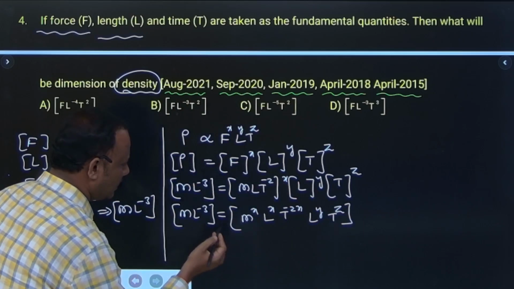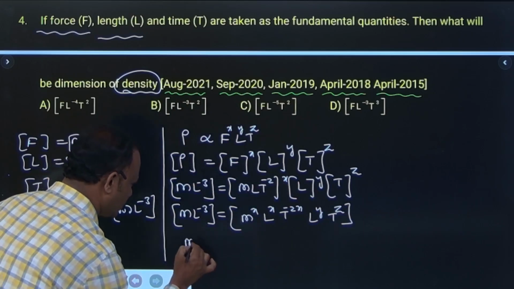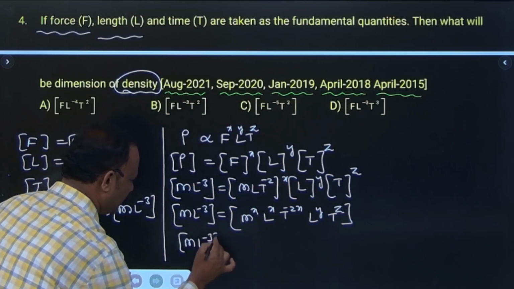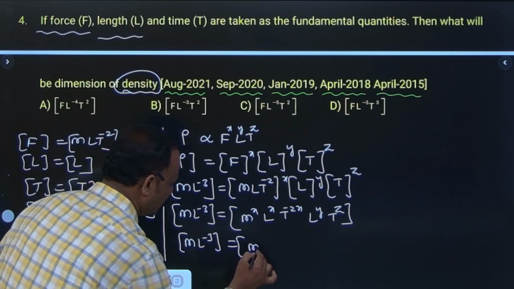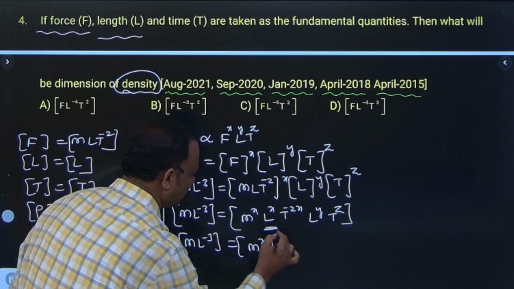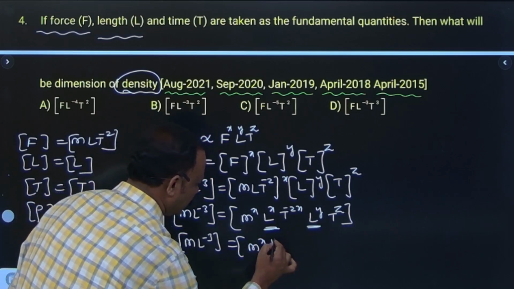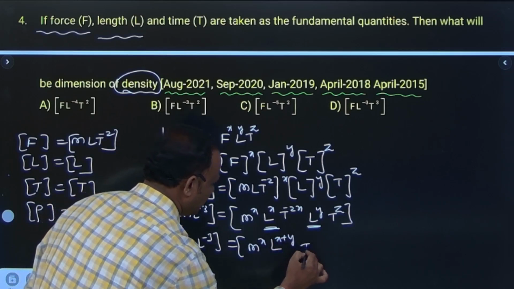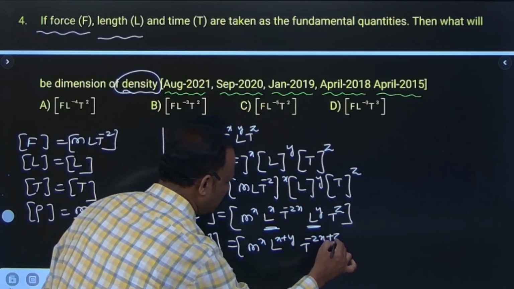Then M L power minus 3 is equal to M power x, L power x plus y, T power minus 2x plus z.